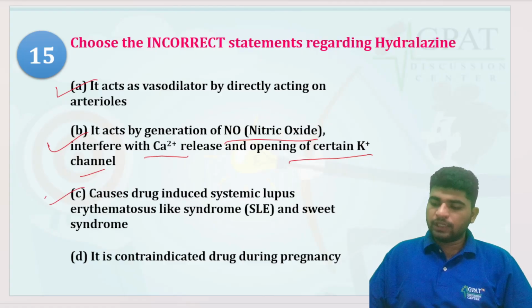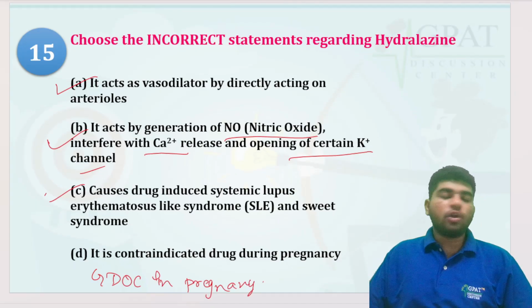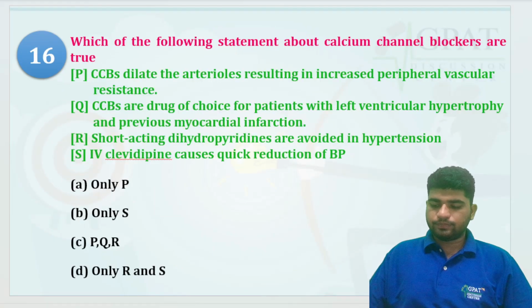Yes, it is also right. It is a contraindicated drug during pregnancy. No, it is not contraindicated during pregnancy because it is a DOC in pregnancy. So the fourth option is right in this question.